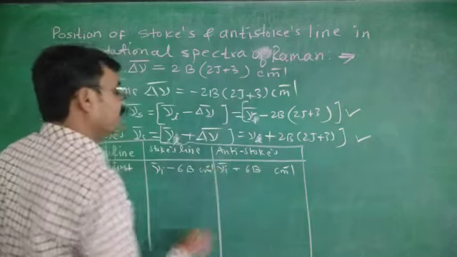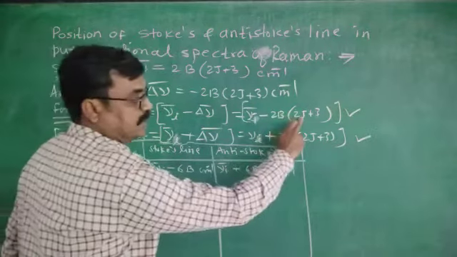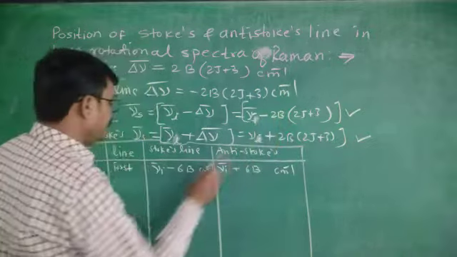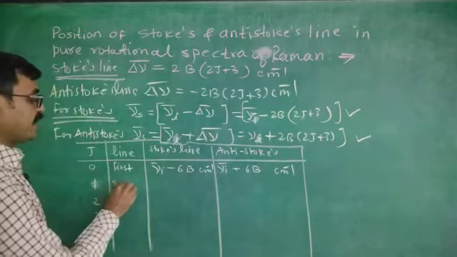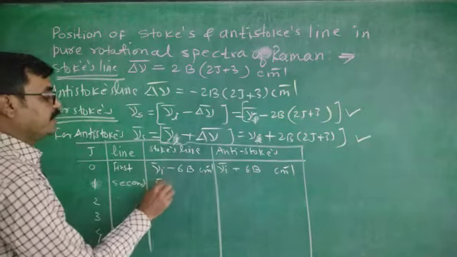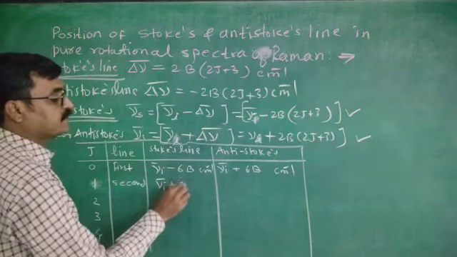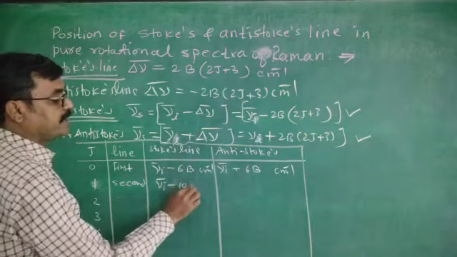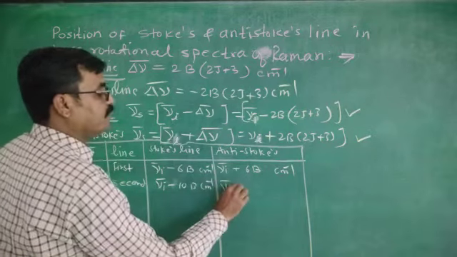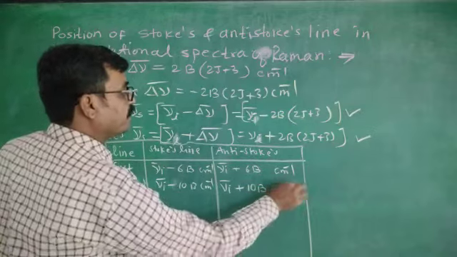Now for J equals 1, 2 multiplied by 1 is 2, 2 plus 3 is 5, 5 multiplied by 2 is 10, then the second line will be obtained and the expression will be nu I bar minus 10B so many centimeter inverse, and opposite to this it will be plus 10B so many centimeter inverse.